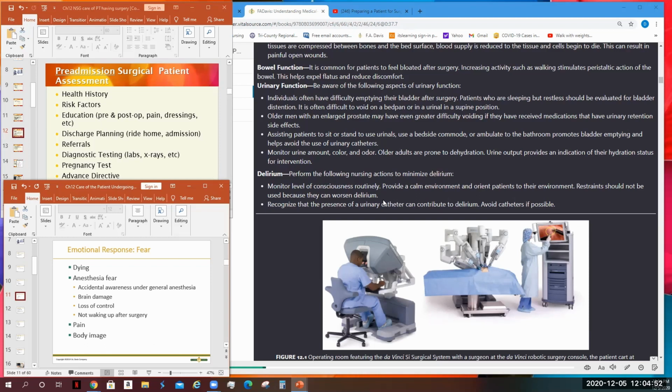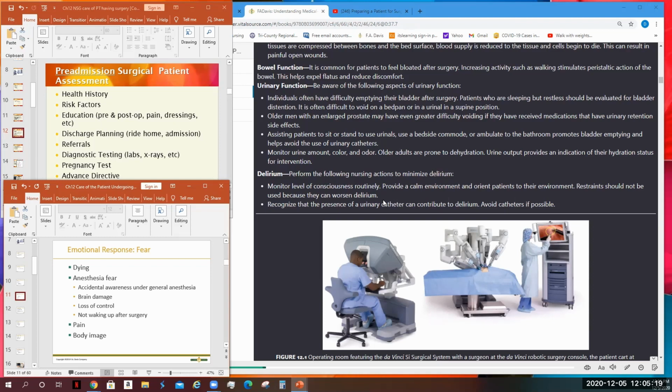Older men with an enlarged prostate may have even greater difficulty voiding if they have received medications that have urinary retention side effects. Assisting patients to sit or stand to use urinals, use a bedside commode, or ambulate to the bathroom promotes bladder emptying and helps avoid the use of urinary catheters.